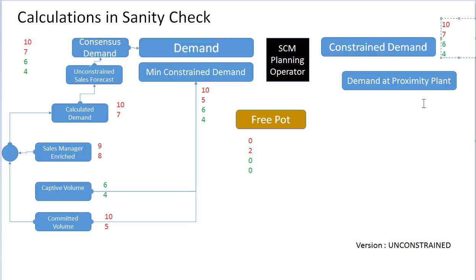These key figures will be obtained by executing a copy operator that copies the value from the constraint demand to the demand at proximity plan. So with the execution of the copy operator, the values in the demand at proximity plan will be filled.